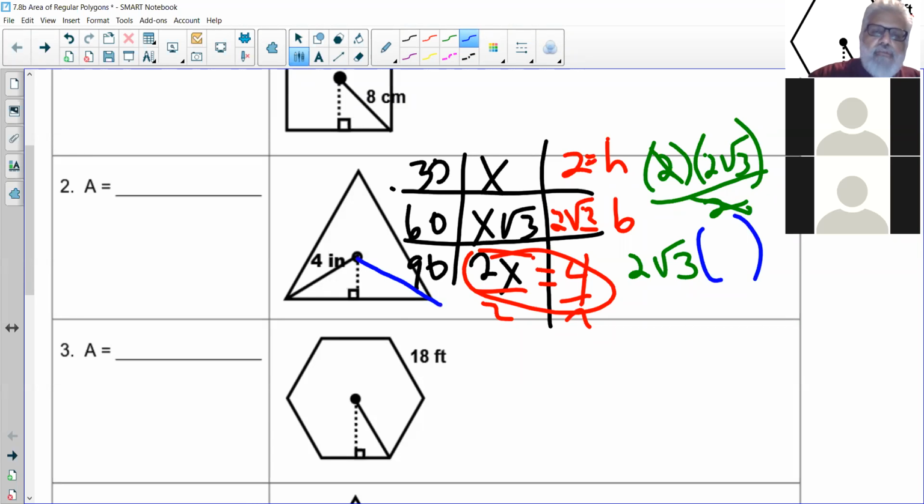I'm going to give you a hint right here. How many triangles do I got? 6. That's right. So I'm always going to multiply by 6. What's 6 times 2 square root of 3? 12 square root of 3.